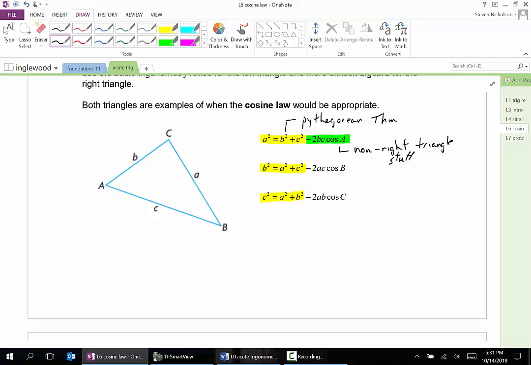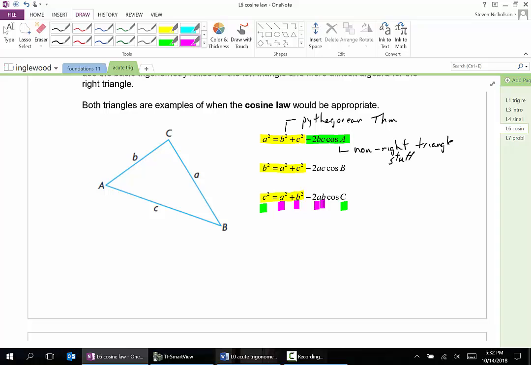I want you to notice the pattern, and there are a few patterns in there. Looking at this one right here, when you have little c as what you want to solve, at the very end you have cos C, and in between you have your a's and b's. It's similar above: you see b squared, you see a big B, and then you see a's and c's on the inside.